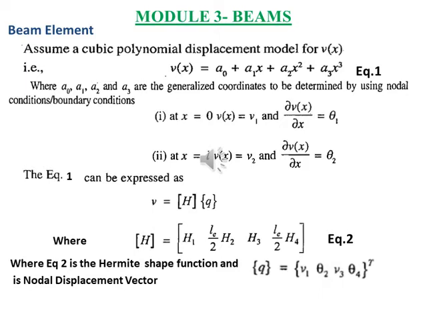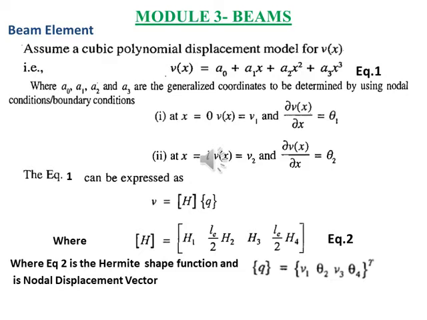In this polynomial displacement function there will be 4 constants and the third power of the variable x. So a0, a1, a2 and a3 are the generalized coordinates that are required to be determined using the boundary conditions or the nodal conditions.